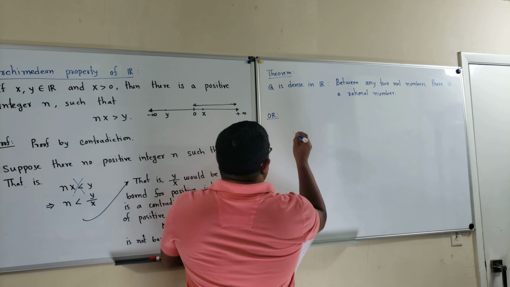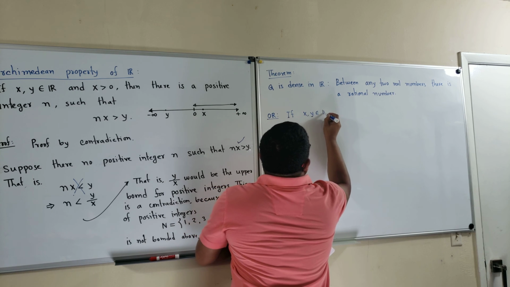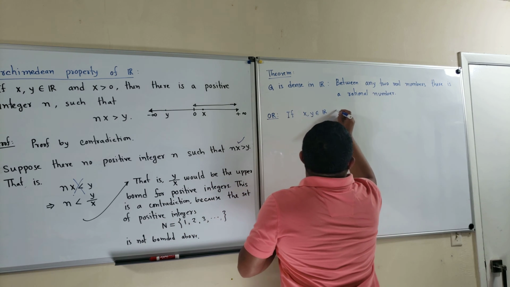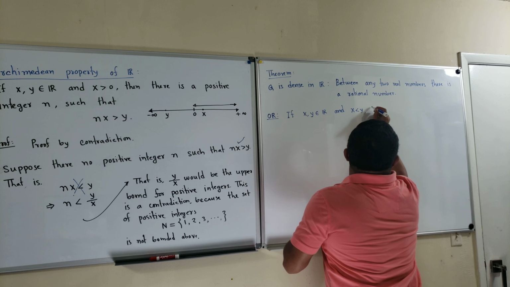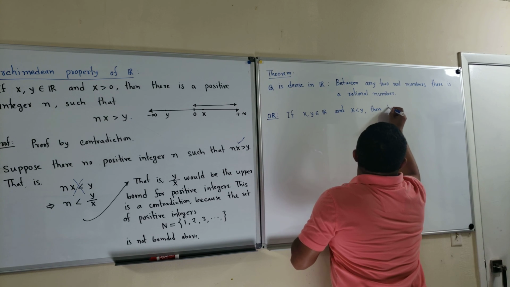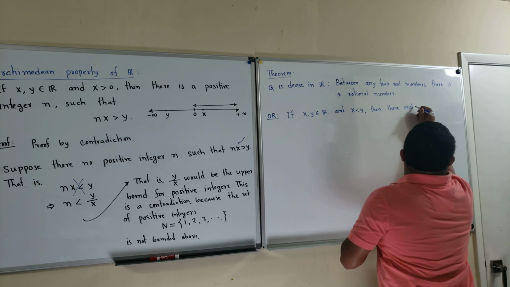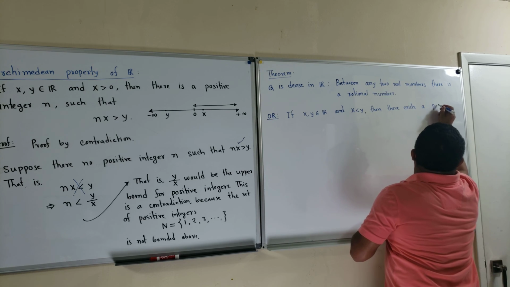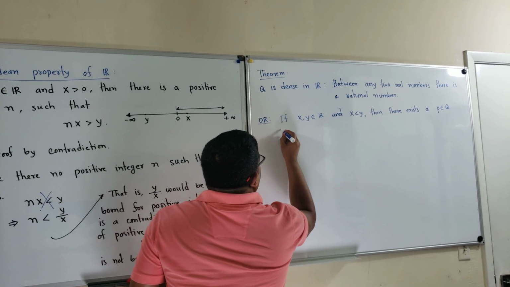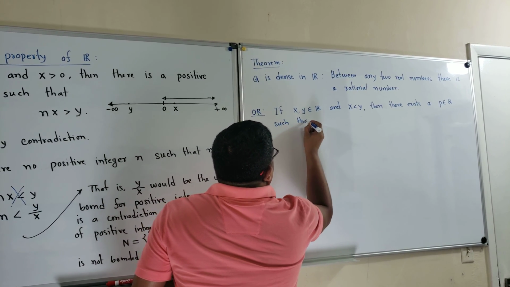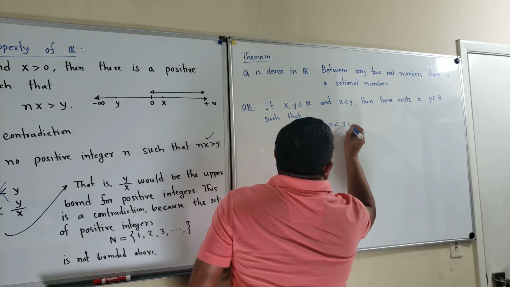If x, y are elements of the set of all real numbers and x is less than y, then there exists a rational number p, an element of the set of all rational numbers, such that x is less than p is less than y.